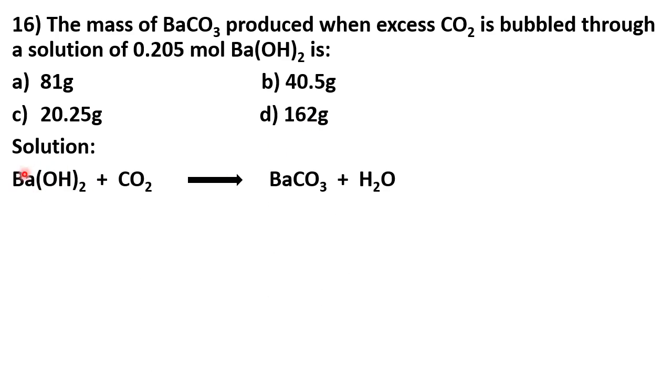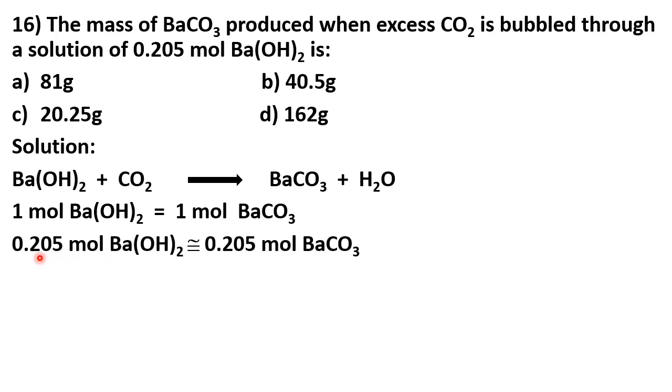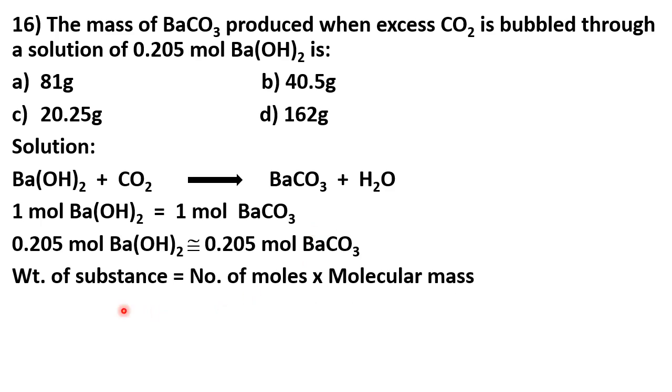First, you have to write the equation. Barium hydroxide on reaction with carbon dioxide produces barium carbonate along with water. In this reaction, 1 mole of barium hydroxide reacts with carbon dioxide to give 1 mole of barium carbonate. Hence, 0.205 mole of barium hydroxide also gives 0.205 mole of barium carbonate.